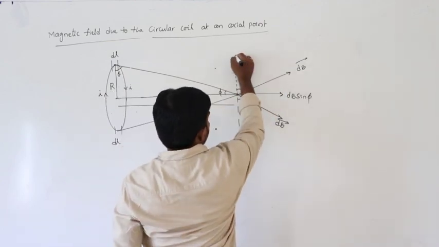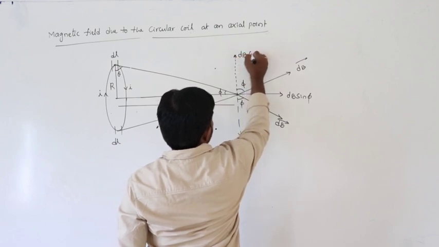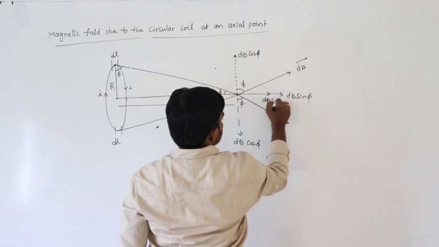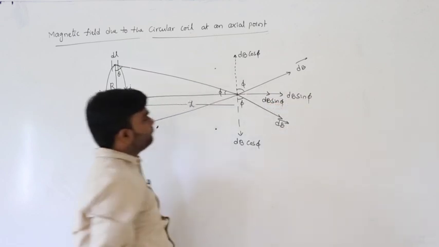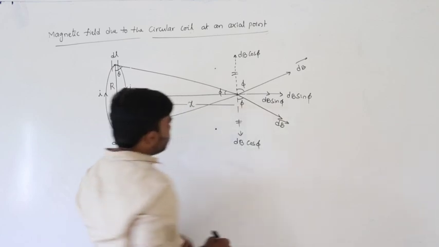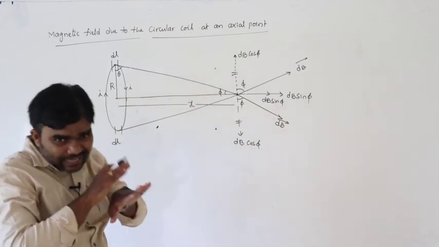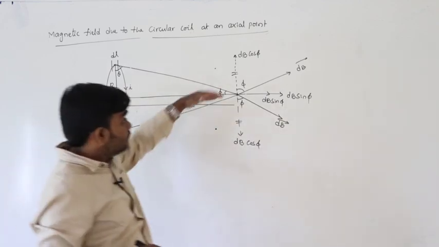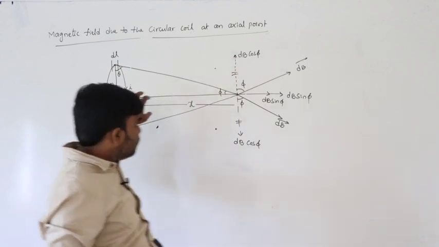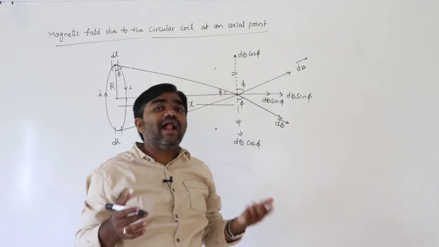So this dB is again divided into two components, dB cos phi and dB sin phi. Opposite components, so the components perpendicular to the axis are cancelled, and the components along the axis are added up.